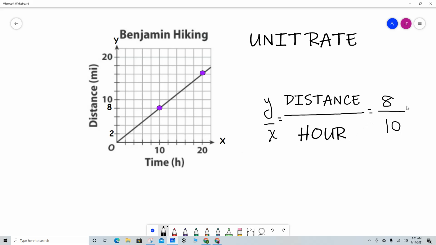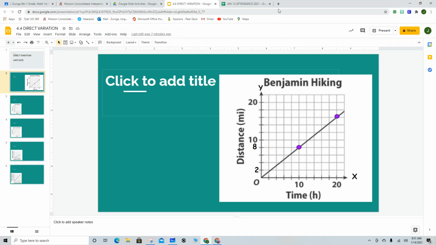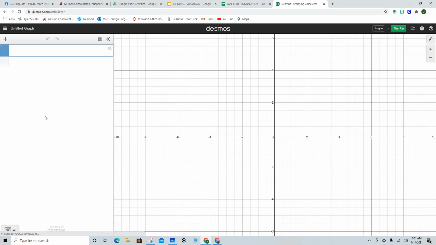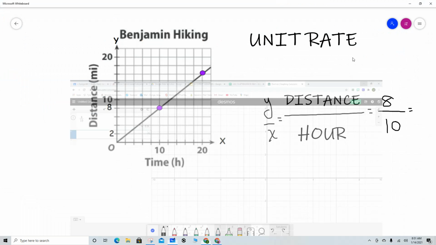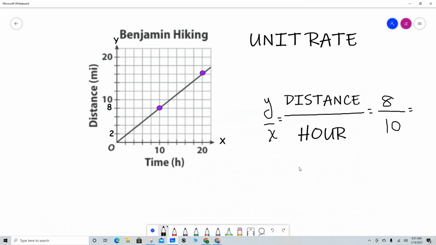Now, all we're going to do is put this in our calculator. So let's go ahead and find our calculator. And all we're going to do is take 8 divided by 10. And the answer is 0.8. So my answer is 0.8.